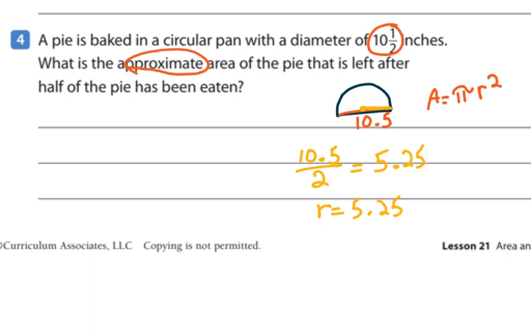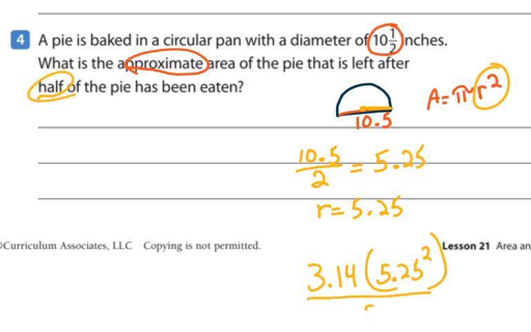Well, I'm going to take my formula, and where radius is, I'm going to plug in 5.25. I need to square that and then multiply by 3.14. But remember how it said half of the pie? I have to divide this entire answer by 2.